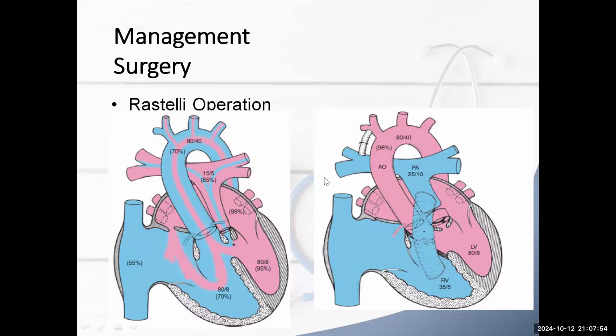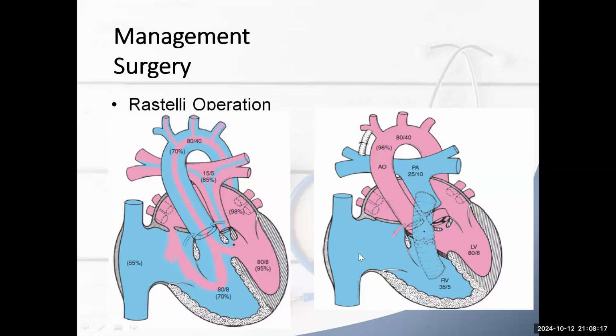Here, the blue desaturated blood comes through the superior and inferior vena cava to the right atrium, then the right ventricle, then through this Contegra or conduit to the pulmonary artery, and returns saturated to the left atrium and left ventricle and goes through this baffle or tunnel to the aorta.